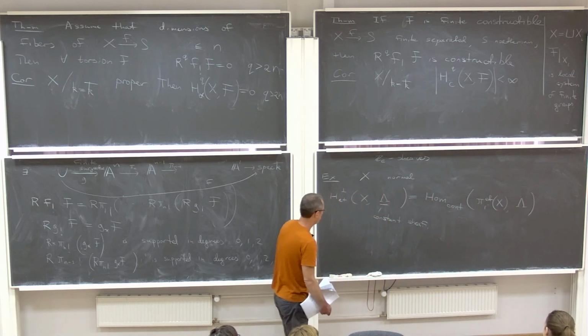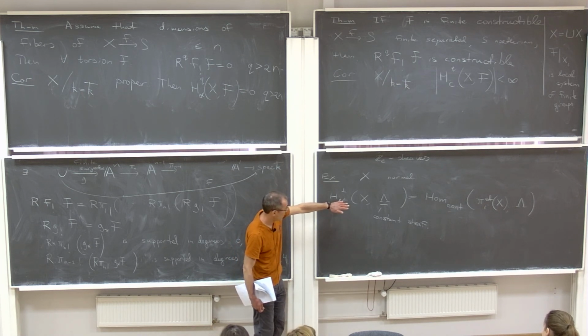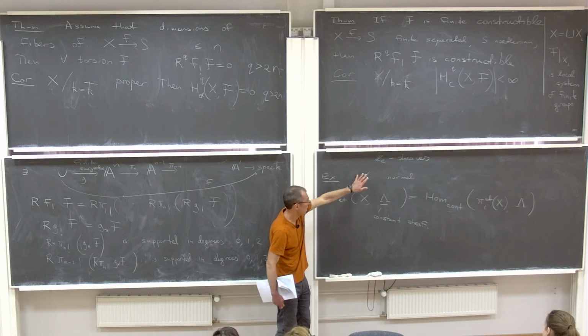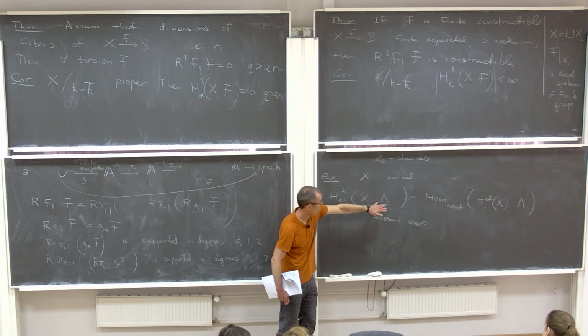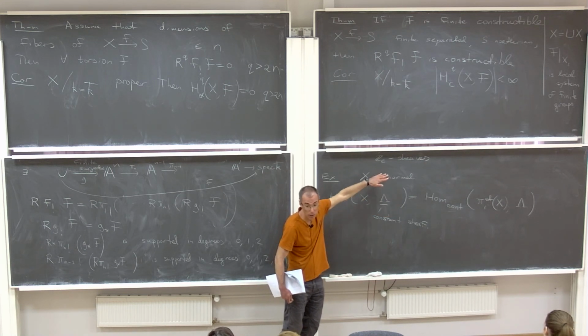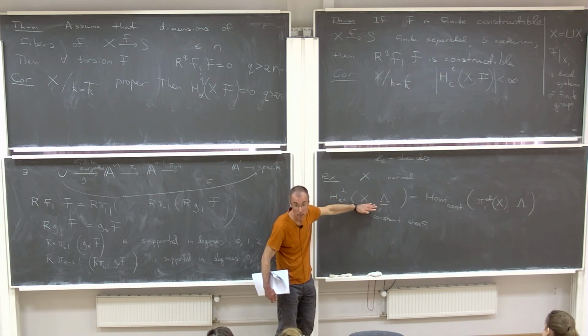Well, we observed this a long time ago, that this holds when lambda is a finite abelian group. And you do not need even a normality assumption here. Well, this group classifies torsors, right?